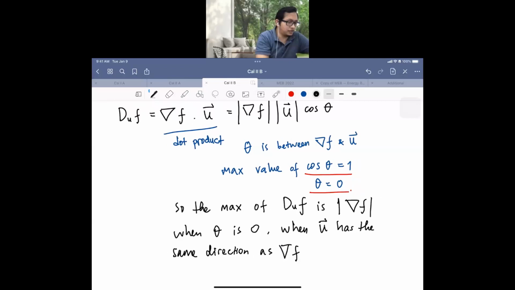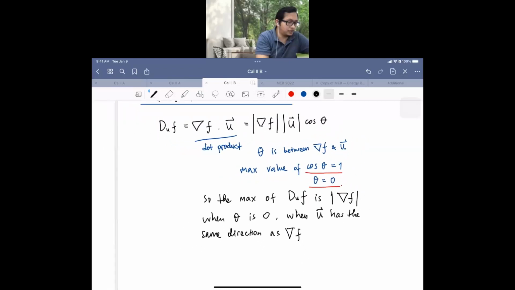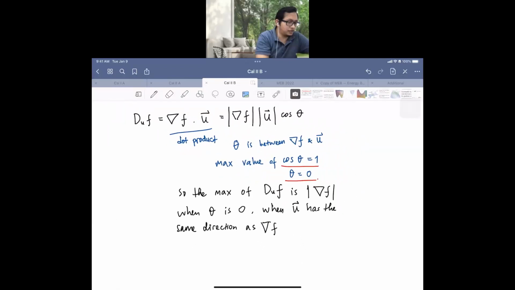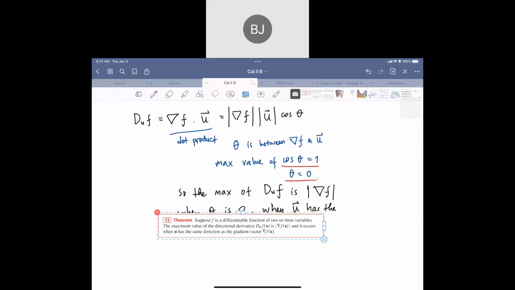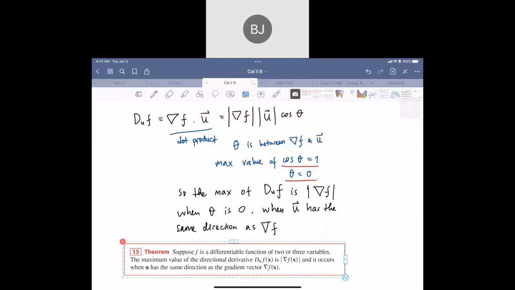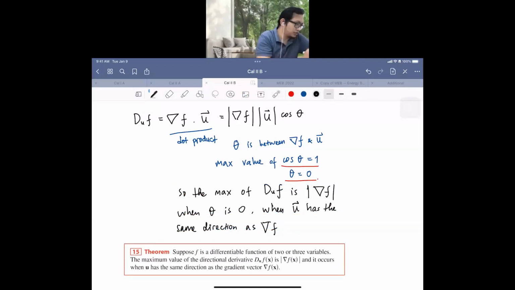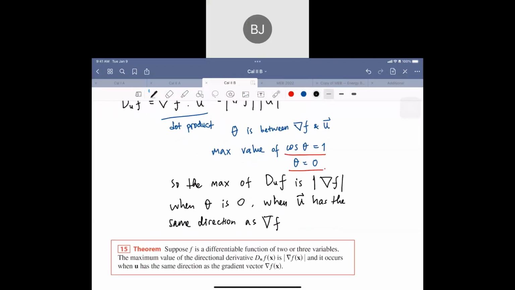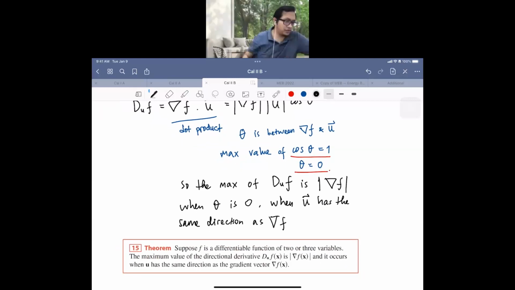Or more formally, suppose f is a differentiable function of 2 or 3 variables.